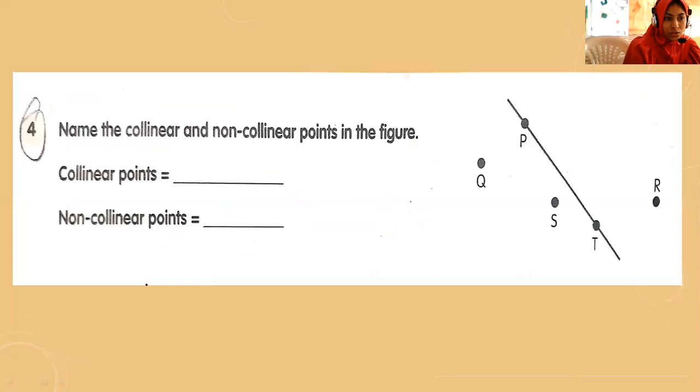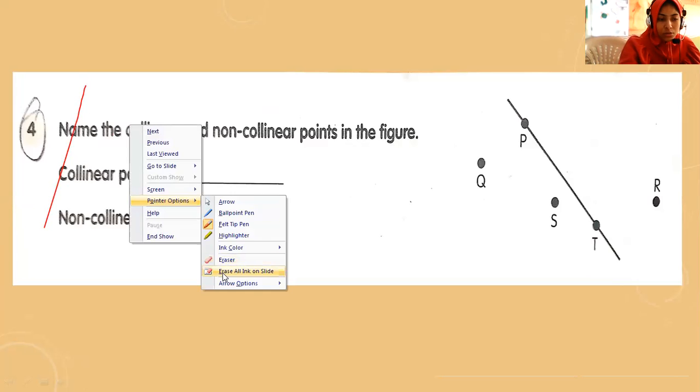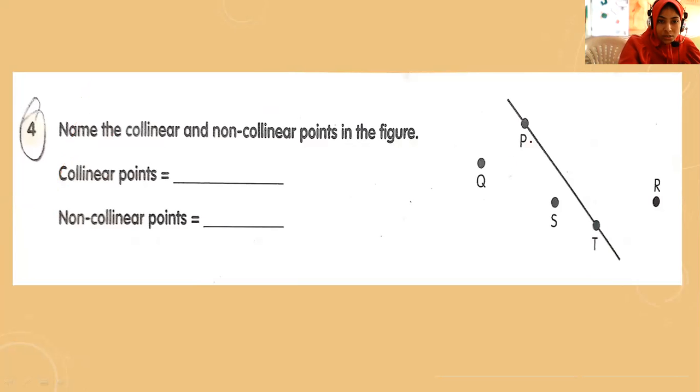Now the last question is to name the collinear and non-collinear points. Which are collinear points and which are non-collinear points? You can see that point P and point T are in a single row, so P and T are collinear points.